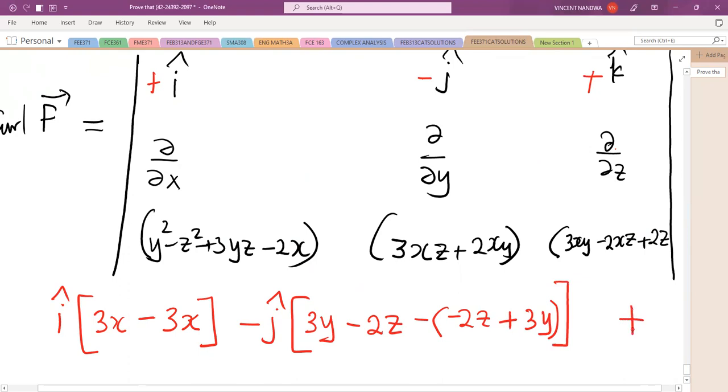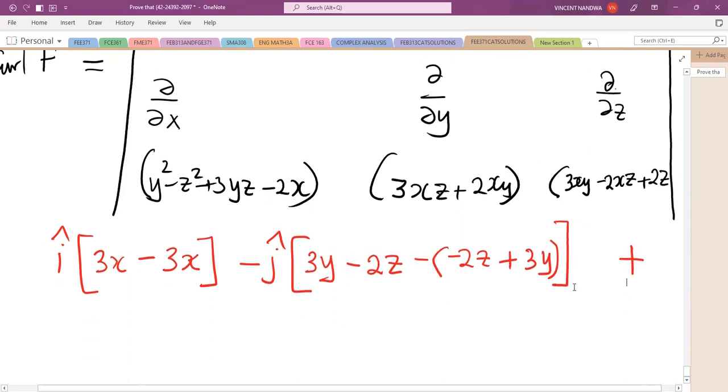And then plus the k vector: deleting the row and column for k, I'll have partial x of this component, which gives 3z plus 2y, minus partial y of y squared minus z squared plus 3yz minus 2x, which is 2y plus 3z.